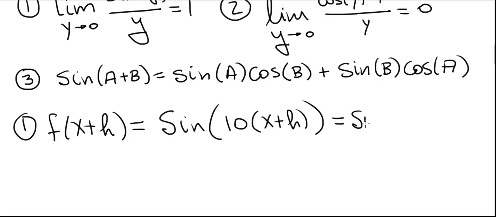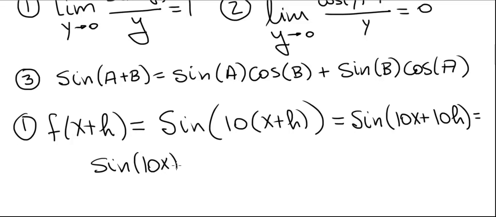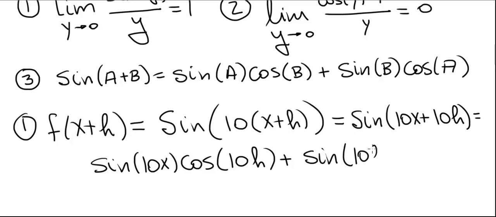So this is now sine of 10x plus 10h, and we can use the trig identity right above to express this as sine of 10x times cosine of 10h plus sine of 10h times cosine of 10x. And that's as much as we can do.